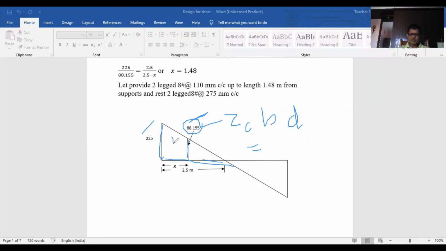Now in this portion, we have to provide the 2-legged 110, and this portion 2-legged 300. Similarly on the other side, up to this you will find out.